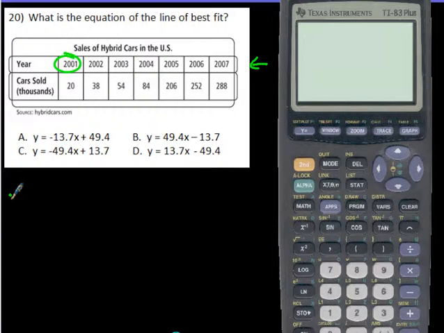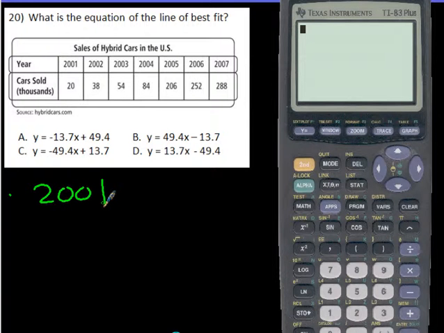The model isn't going to be accurate back to year 0, 2,000 years. For one, there were no hybrid cars, and very few models are going to work regressing back 2,000 years. So I want to adjust to 2001.